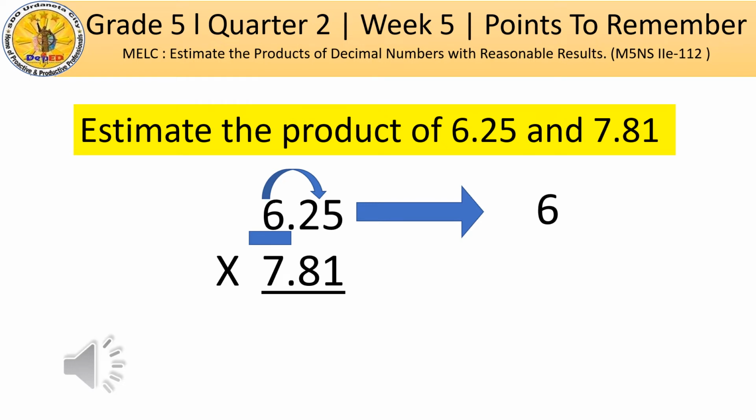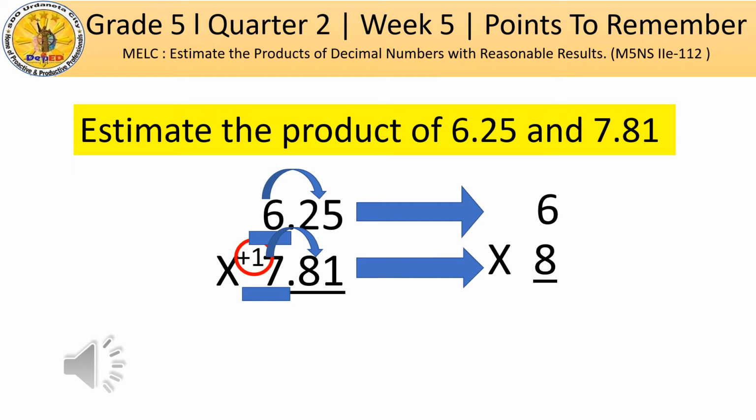How about 7 and 81 hundredths? If we are going to round off to the nearest whole number, by looking again at the right digit, which is 8, is 7 closer to 7 or closer to 8? Very good. 7 and 81 hundredths is closer to 8.